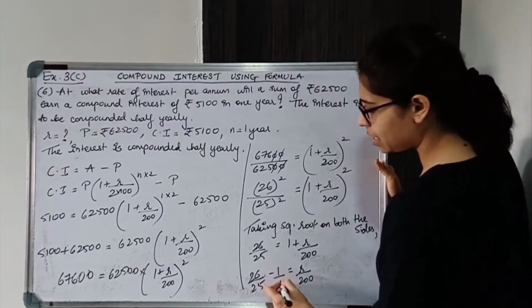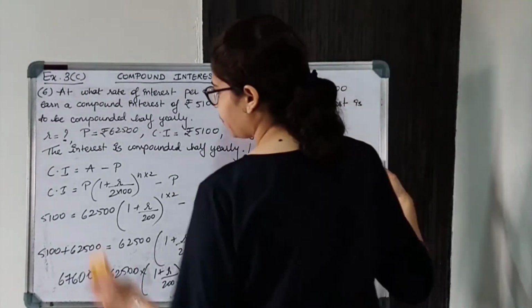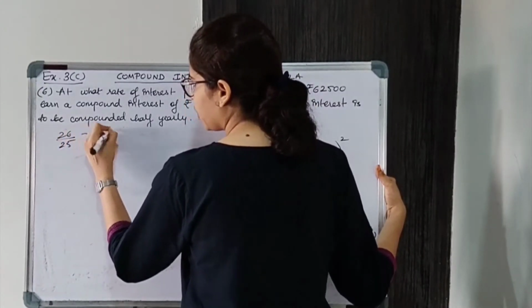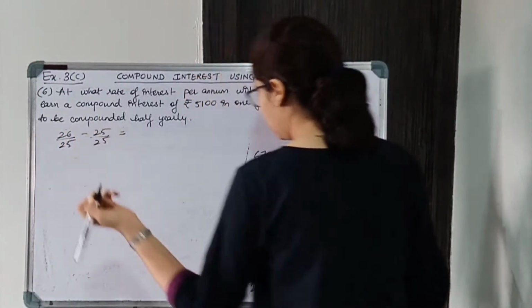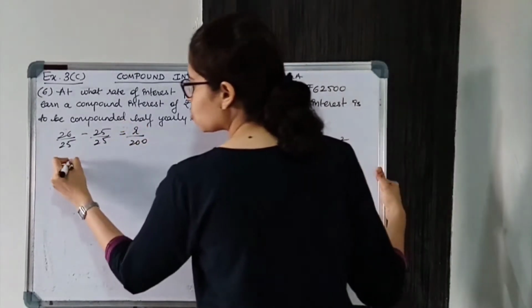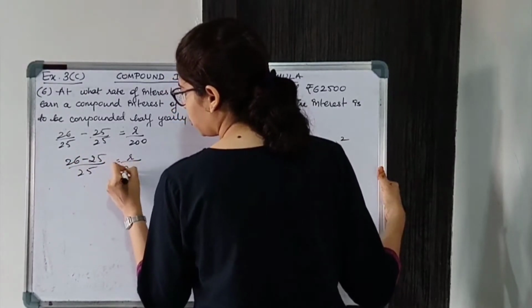So let's take LCM over here. We'll multiply by 25 in both numerator and denominator. So 26 upon 25 minus 25 upon 25 is equal to R upon 200. So we get 26 minus 25 upon 25 is equal to R upon 200.